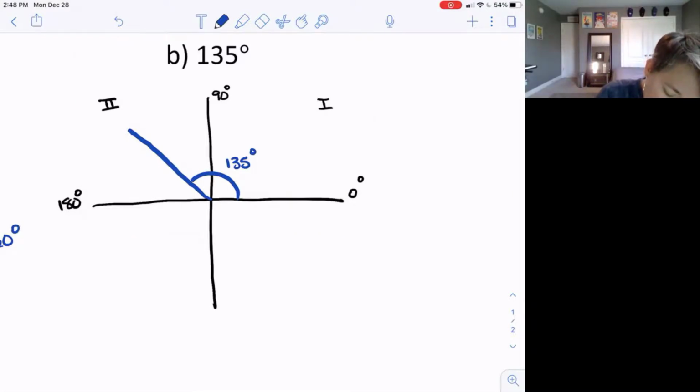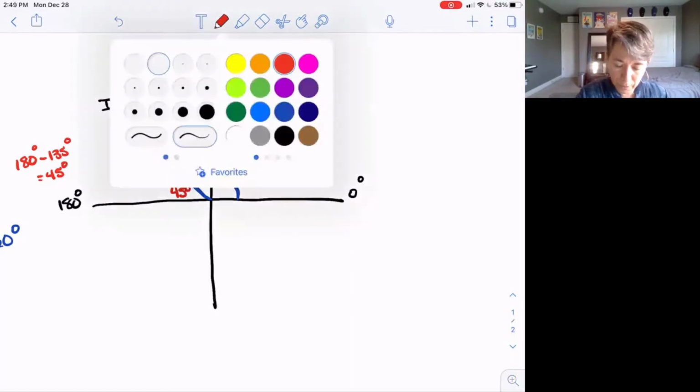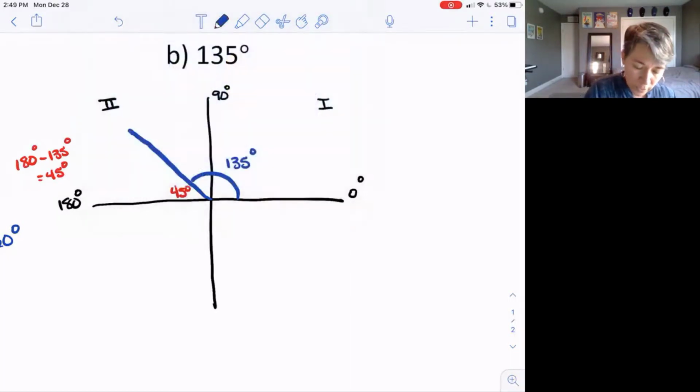And we can always think about what gives us 135. So if we took 180 degrees minus that 135 degrees, it gives us 45 degrees. So that is what is left here, 45 degrees. And we know the measurements of a 45, 45, 90 triangle. So we can create that triangle always with the x-axis, because that will give us a nice right triangle.